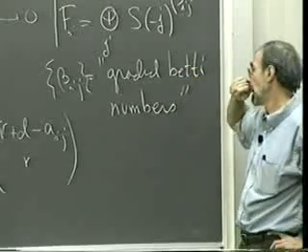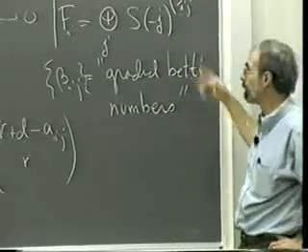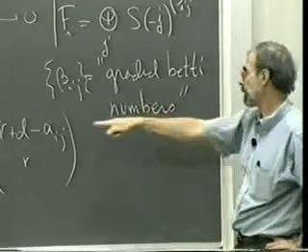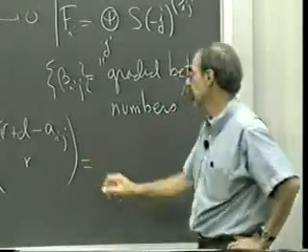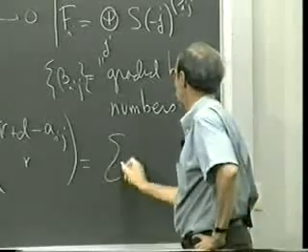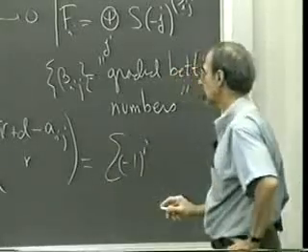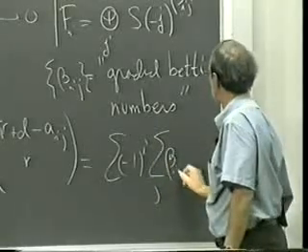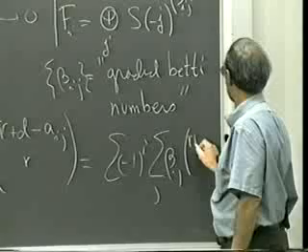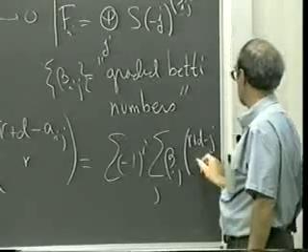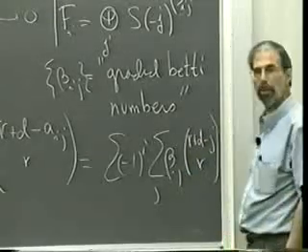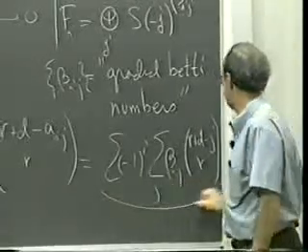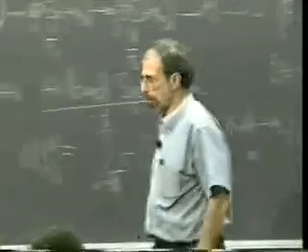One can write down lots of examples which come from chain complexes, indeed. So there they are, and let me rewrite this formula in those terms for future reference. It's the sum of minus 1 to the i, sum over j of beta ij times r plus d minus j, choose r. Okay? So there's our Hilbert function written in terms of the graded Betti numbers.